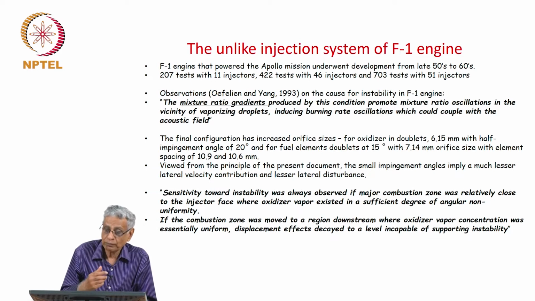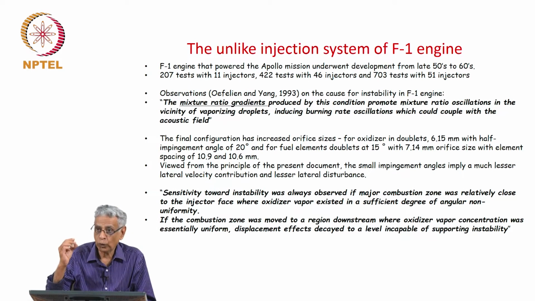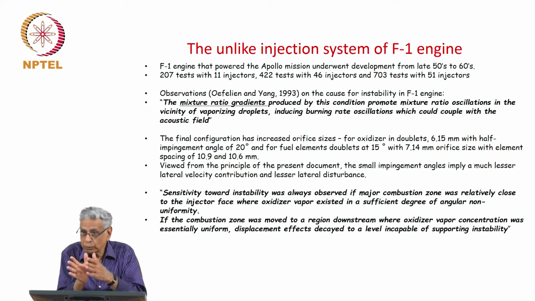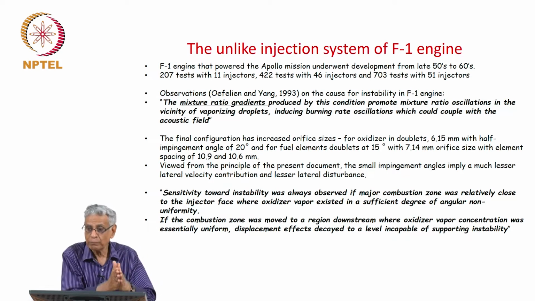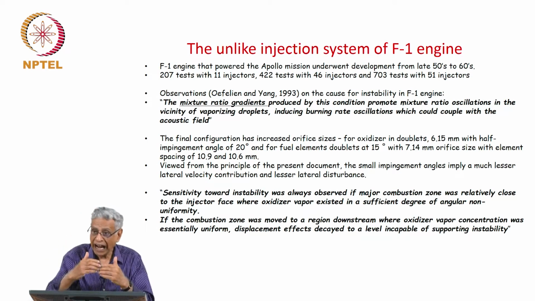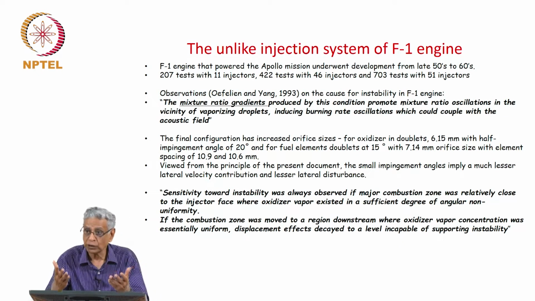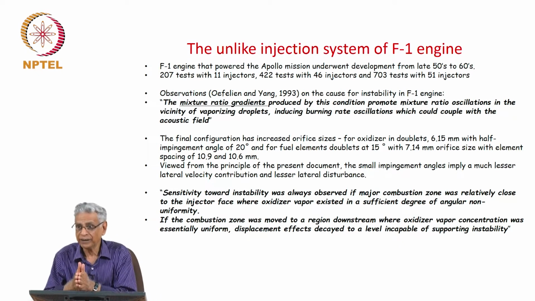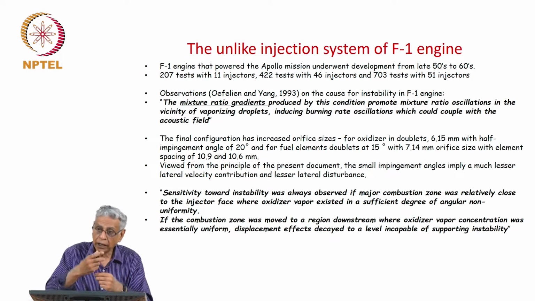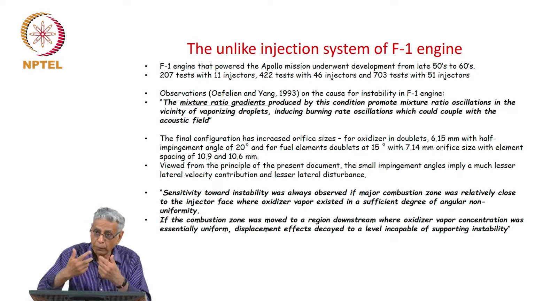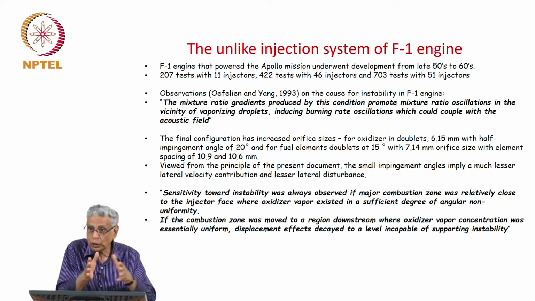If, however, you take a larger injector hole, then the heat release is pushed to a downstream domain where the lateral flow present in the cross section is not as much as what would happen very close to the injector, and therefore any coupling that takes place will not be picked up by the mean flow, which is virtually axial.